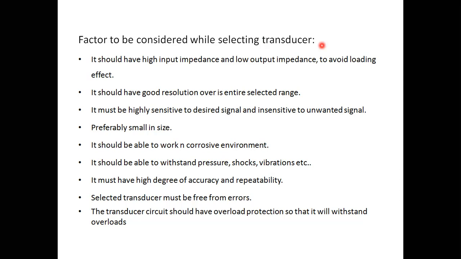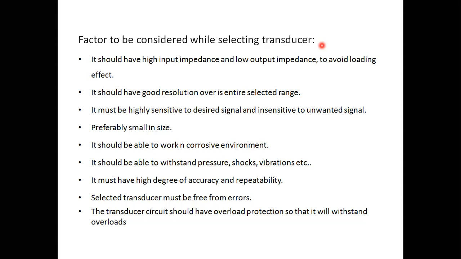Up to 700 degrees centigrade, I go for an RTD. Up to 1500 or 2000 degrees centigrade, I go for a thermocouple. If I want to measure temperature greater than 2000 degrees centigrade, I go for a pyrometer. So range is one of the major criteria to select a transducer.